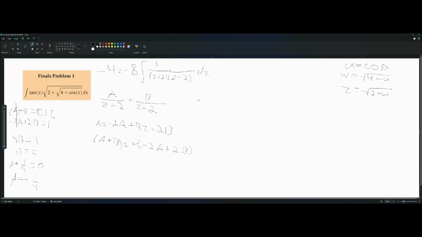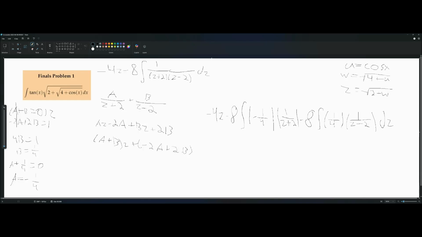So now we rewrite this as negative 4z minus 8 times the integral of negative 1/4 times 1 over z plus 2 dz, minus another 8 times the integral of 1/4 times 1 over z minus 2 dz.